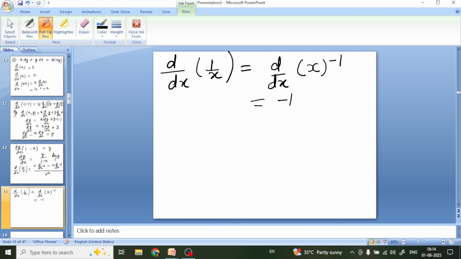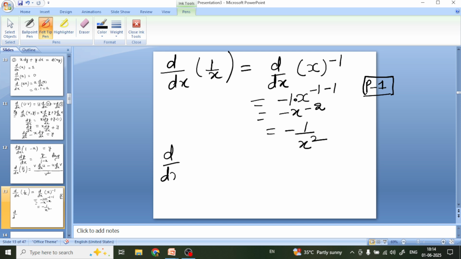Minus 1 comes before the x, and the power becomes minus 2, so minus x raised to power minus 2. When we remove this negative power, it will go in the denominator and become positive.